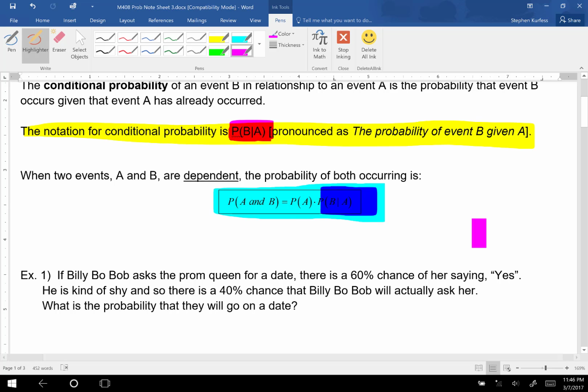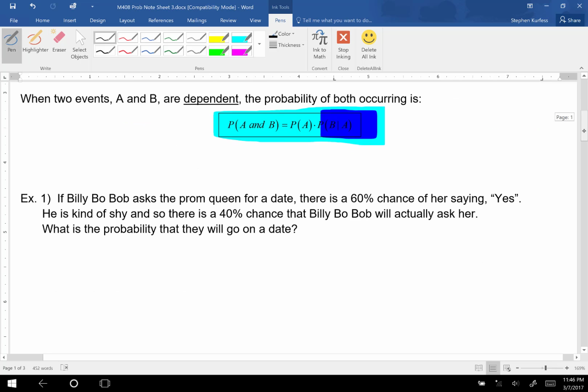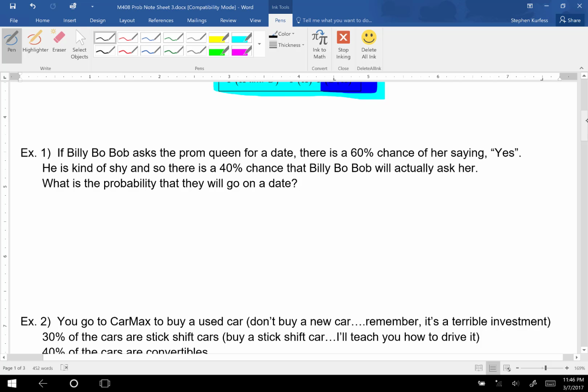Okay, so let's start out with our first example here. If Billy Bo Bob, that's a good southern name, asks the prom queen for a date, there's a 60% chance of her saying yes.